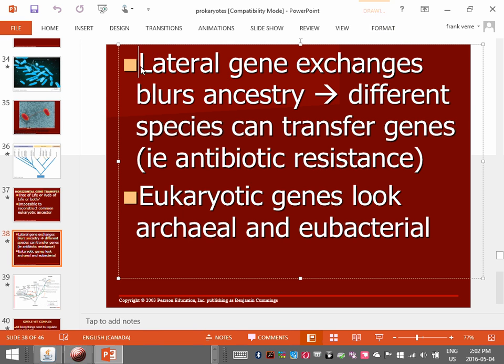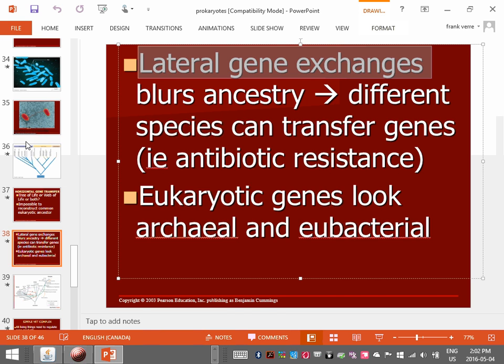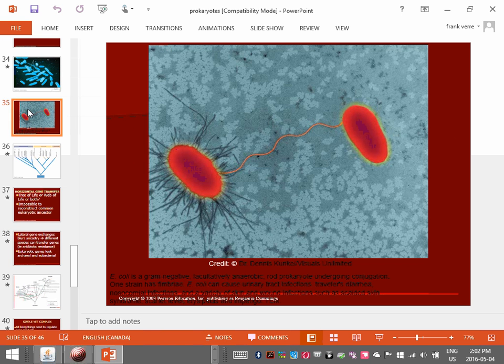Now what do you think this means? Lateral gene exchange, or lateral gene transfer. What does lateral mean? Side to side. We get vertical transmission. We got it from our parents, further back in time.